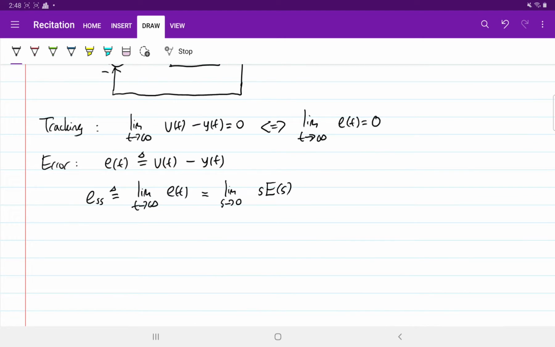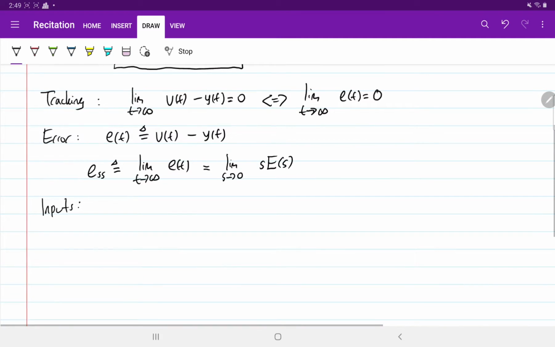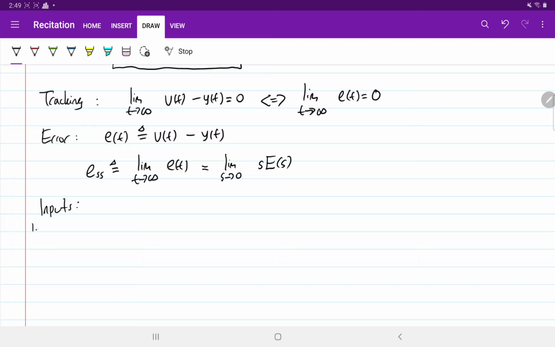As I mentioned before, there are three basic types of control input. The first one is step. I guess you are already familiar with step input. Step input is u of t defined as 1 for t greater than or equal to 0.